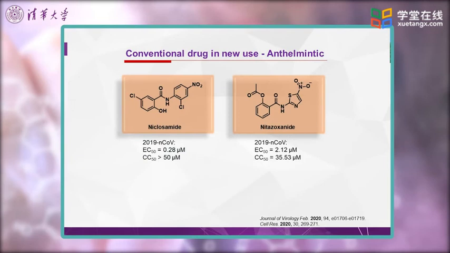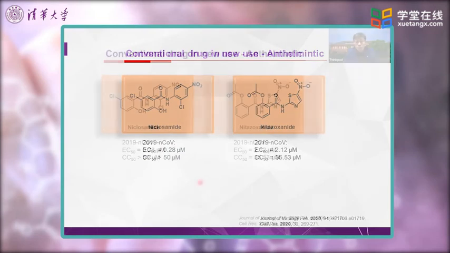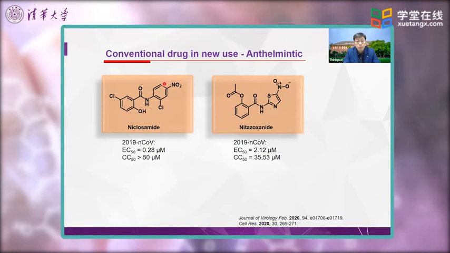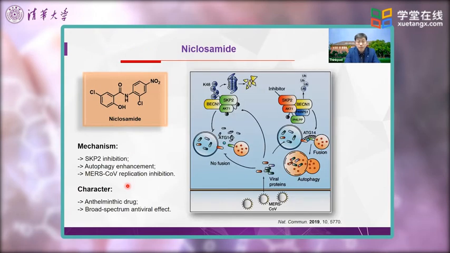Besides chloroquine, in the paper, they also proposed that two other conventional drugs, usually developed as antiemetics, can also demonstrate inhibitory effects against the novel coronavirus. For example, this compound can act against coronavirus with 0.2 micromolar activity. Here we see the structure of niclosamide.